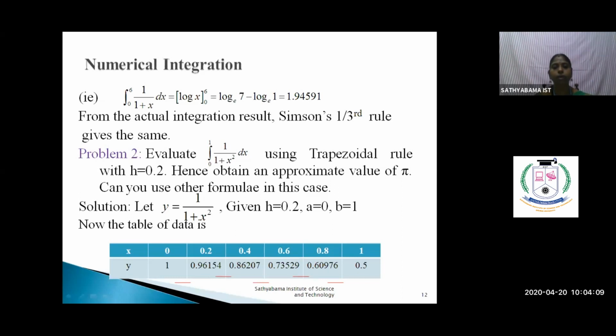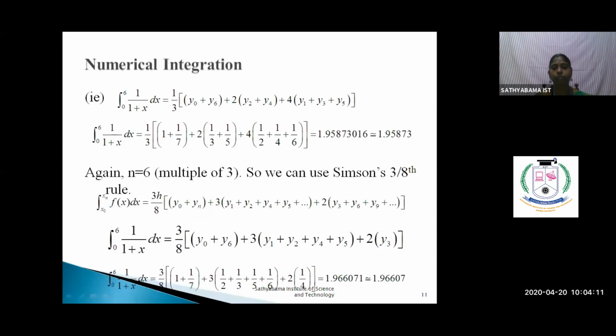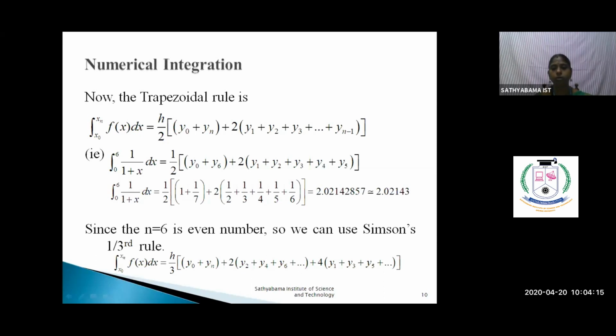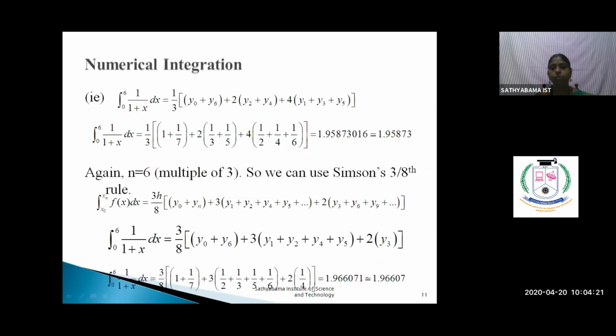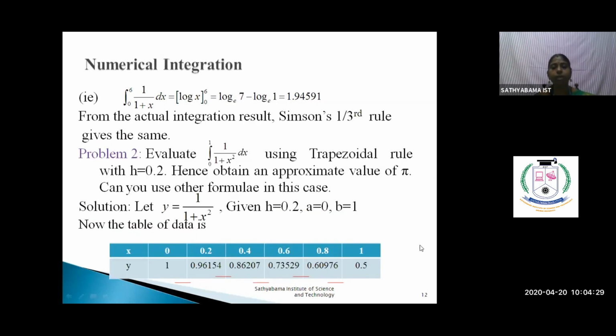And now you look at all the 3 results that we found. By the trapezoidal rule, we are getting 2.02143. In Simpson's 1/3 rule, it is 1.958. Simpson's 3/8 rule is 1.96, but the actual integration is approximately 1.95 only.